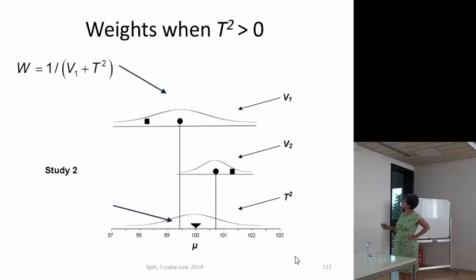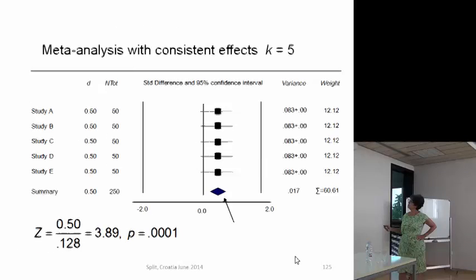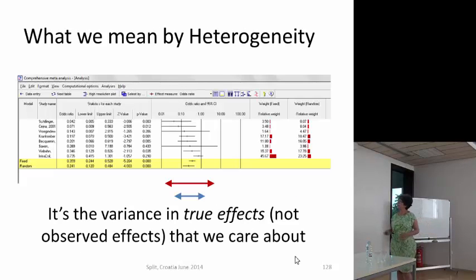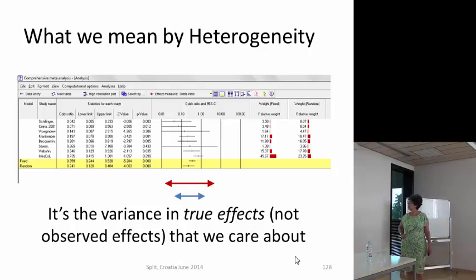So, essentially, think about partitioning the variation into two parts. We observe a certain amount in our data.